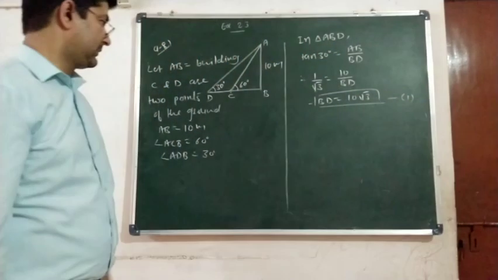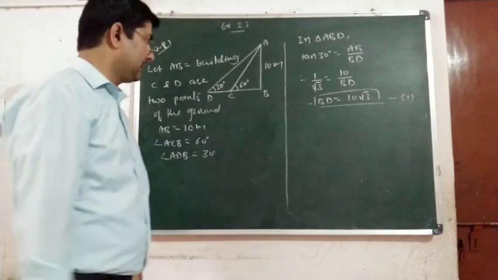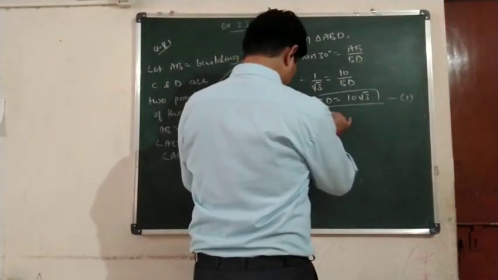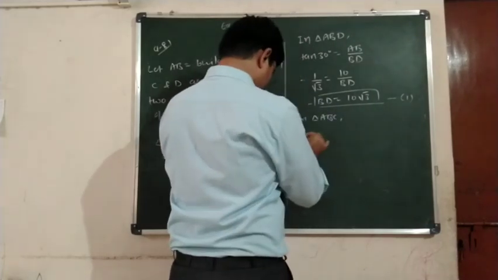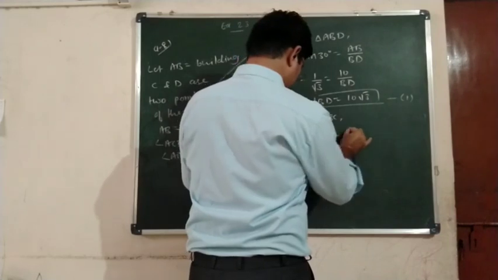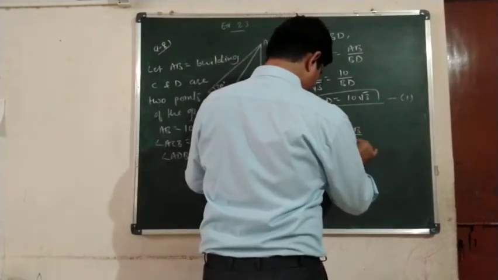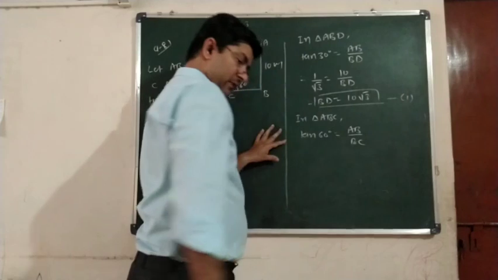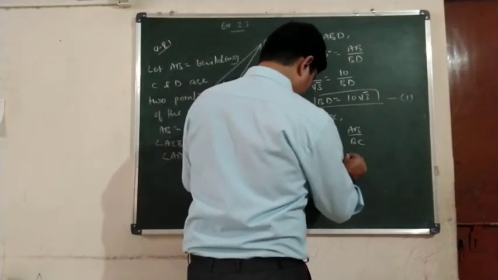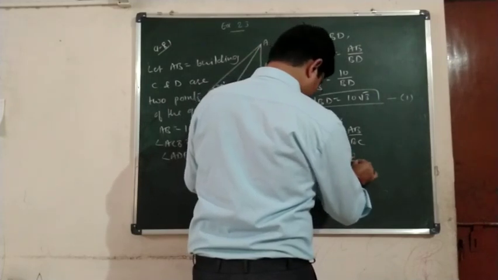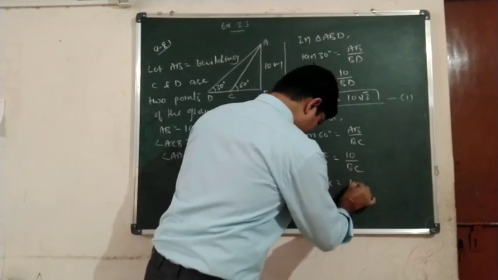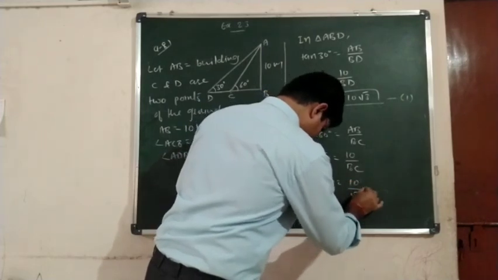Okay, now let us take the smaller triangle, triangle ABC. In triangle ABC, tan 60 is equal to AB upon BC. Value of tan 60 we know, that is root 3 is equal to AB is 10 and BC we have to find out. Therefore BC is equal to 10 upon root 3.